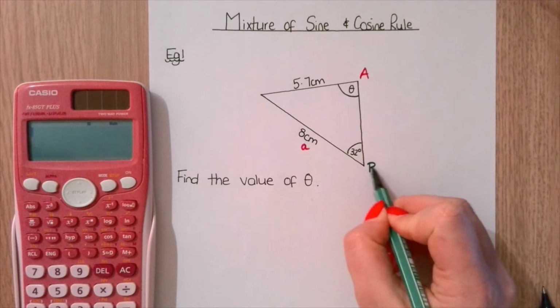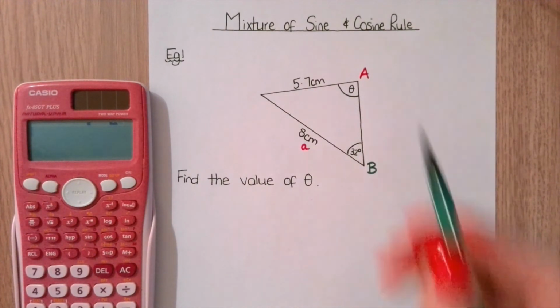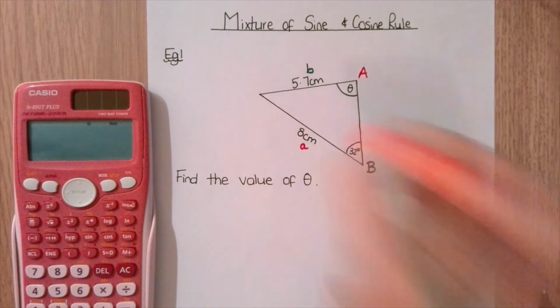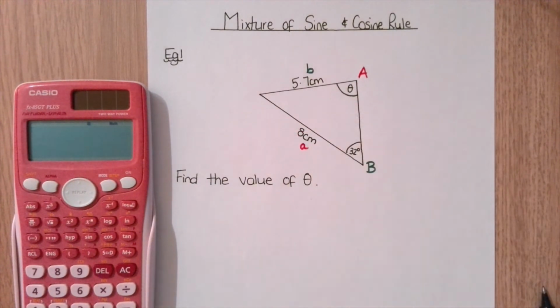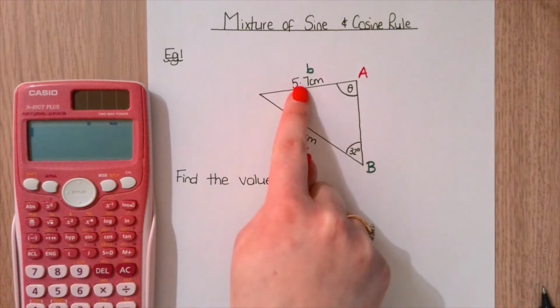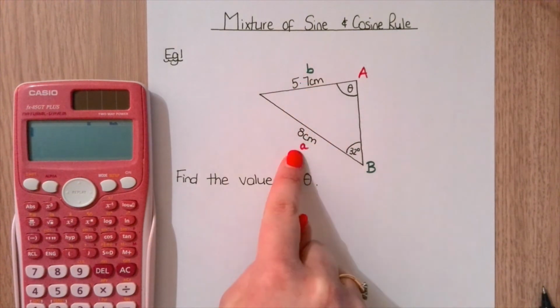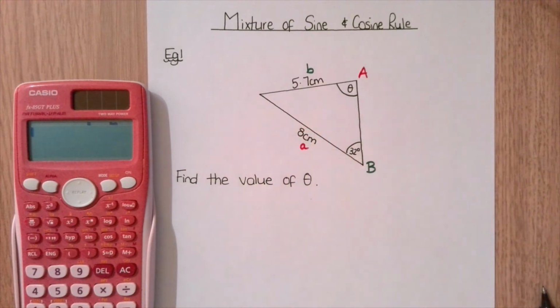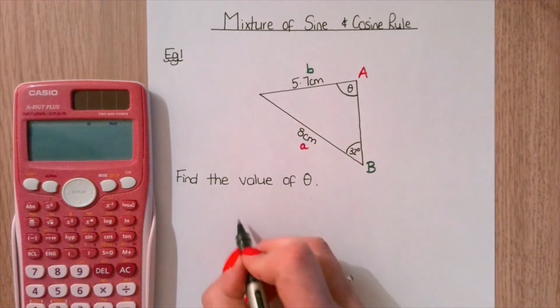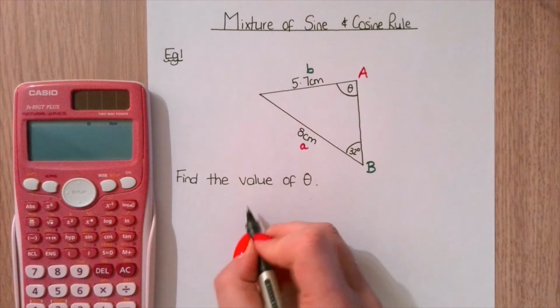My next angle that I know, I'm going to label capital B, and that length lowercase b. So I know a pair of opposites and I also know the length opposite the angle that I'm asked to find. So what I'm going to use here is the sine rule.